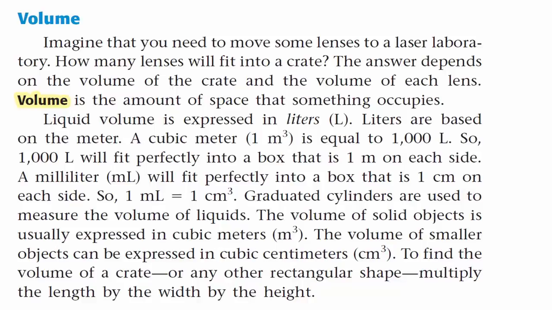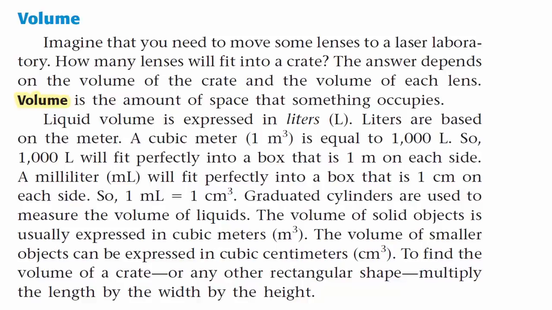So, 1,000 liters will fit perfectly into a box that is 1 meter on each side. A milliliter will fit perfectly into a box that is 1 centimeter on each side. So, 1 milliliter equals 1 cubic centimeter. Graduated cylinders are used to measure the volume of liquids.